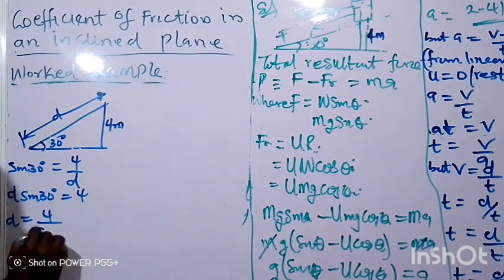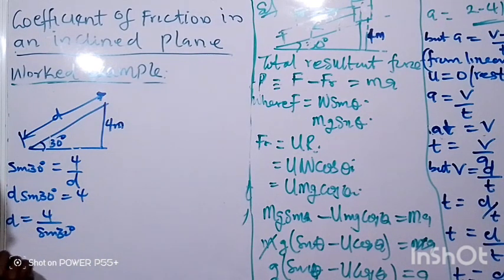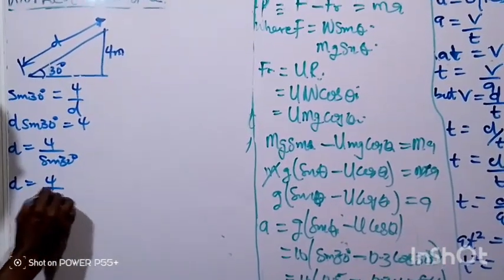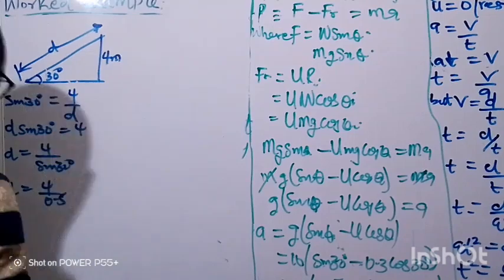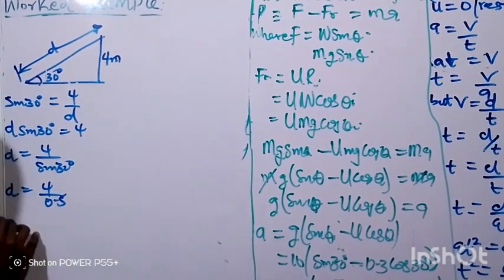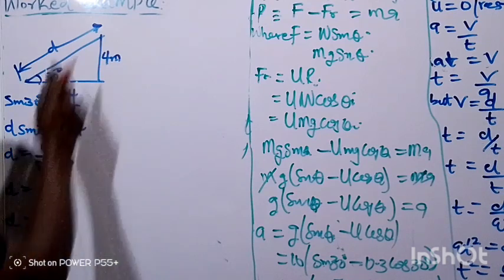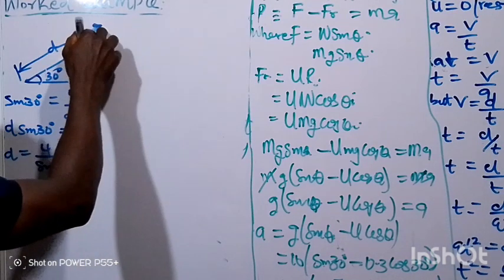And don't forget our sine 30 is 0.5. So d is equal to 4 divided by 0.5, which gives us the distance from the top of the plane to the bottom equal to 8 meters.